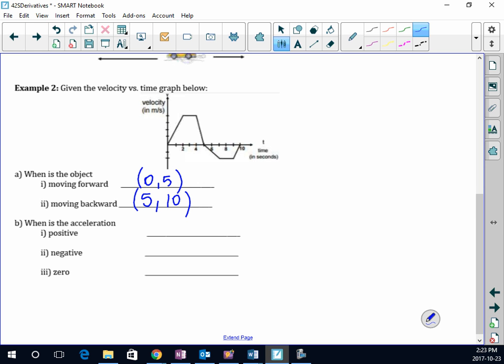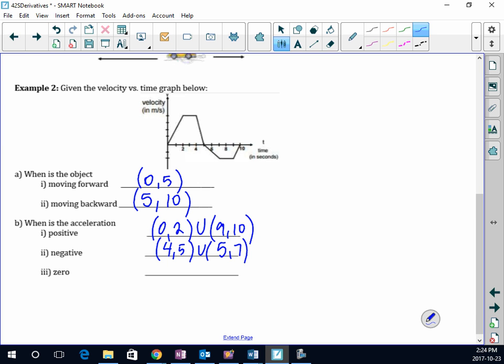Okay, acceleration is positive. What am I looking for on the graph? Positive slope. So that would be 0 to 2 and 9 to 10. Does everybody understand that? What about negative acceleration? That would be negative slope, right? So that would be 4 to 5 and 5 to 7.